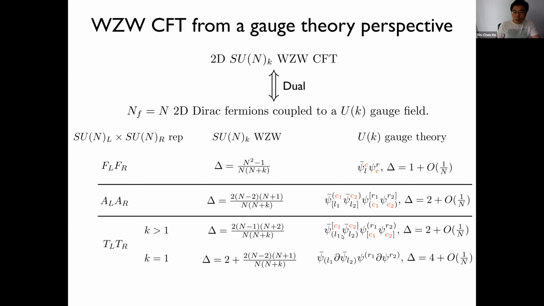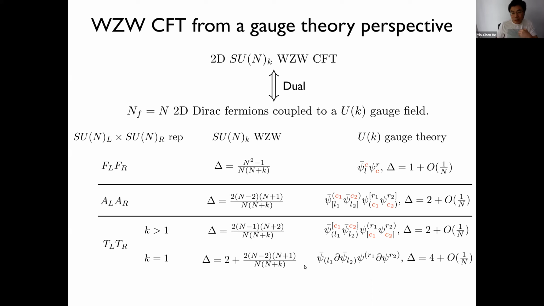But if k equals 1, you don't have enough color indices to anti-symmetrize. What you have to do is add 2 derivatives in the operator. Then you can make a legal operator in this representation, and this will give you an operator with scaling dimension 4. And this again matches the Wess-Zumino-Witten CFTs.